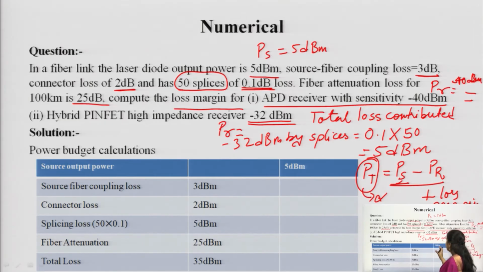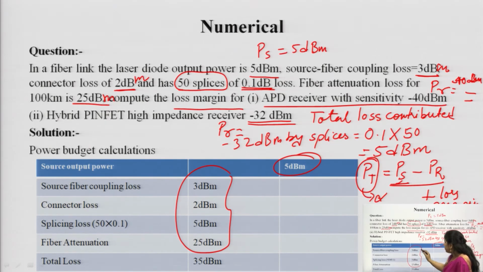Source output power is 5 dBm, source fiber coupling loss is 3 dB, splicing loss is 5 dB, every unit is dB here, and fiber attenuation is 25 dB. So, when we add the total loss, this is our PS, the source output power, and these are all the losses.